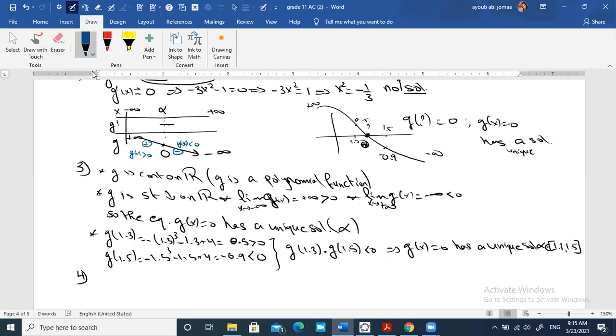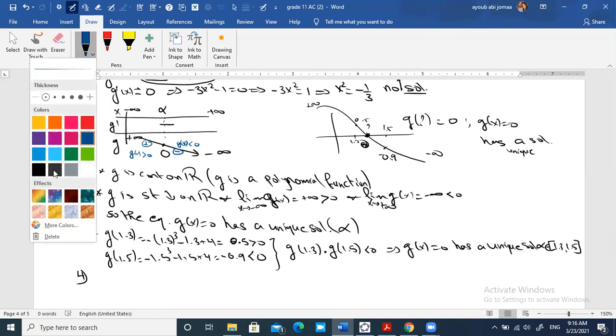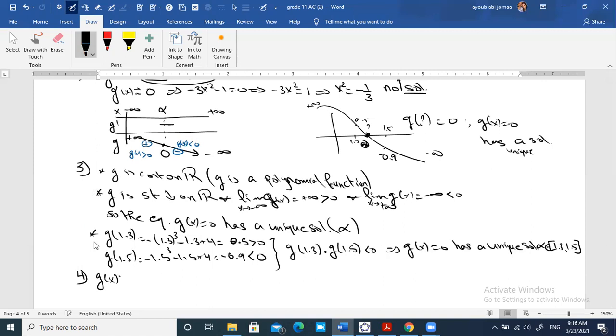So the values of x between negative infinity and alpha, and in this part, alpha to positive infinity. So here I can write: g of x is positive if x belongs to negative infinity, alpha, and g of x is negative if x belongs to alpha, positive infinity.